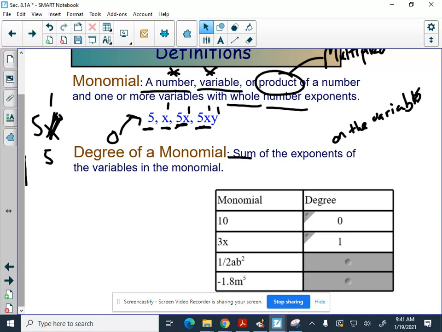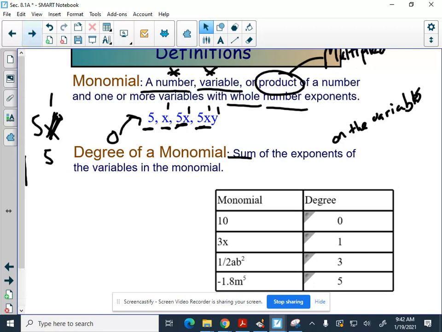And then you have those, so this one is degree 5. It's got a 5th power, right? So everybody see that over there on the side? Everybody got it? All right. So mono means one term.